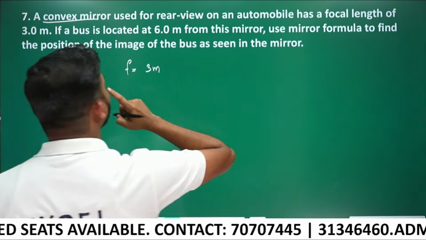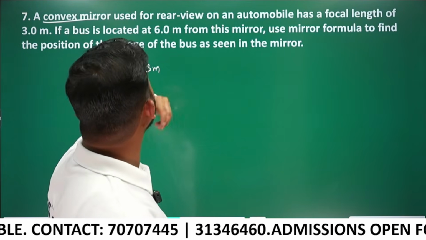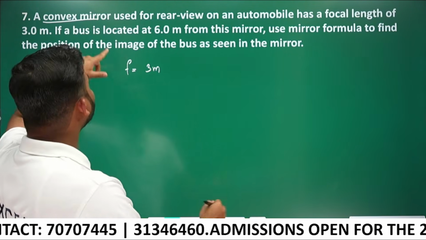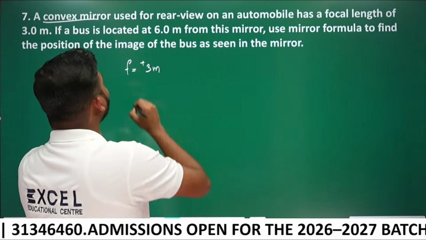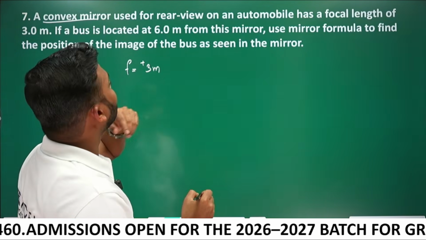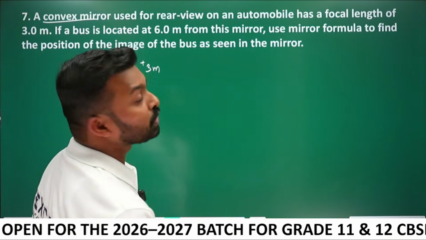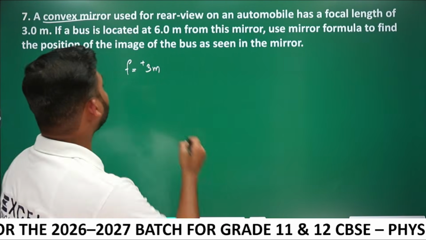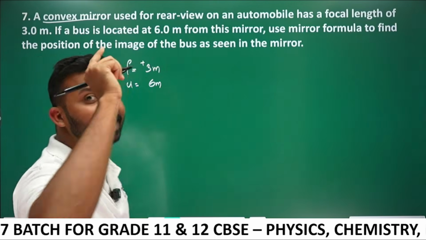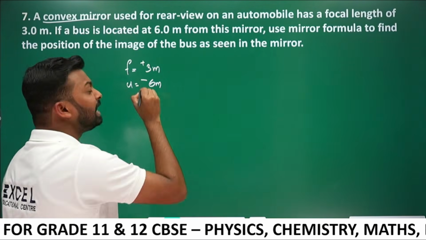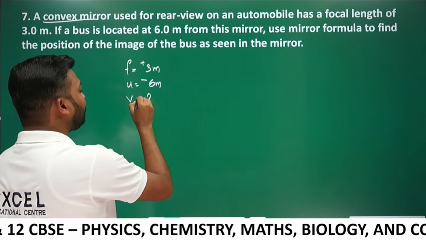This is a convex mirror, so the focal length is positive, right or not? If the bus is located at 6 meters from this mirror, use the mirror formula to find the position of the image of the bus. So U is equal to 6 meters, but since this is the object, it has to be minus 6 meters, right or not? Now you have to find V.